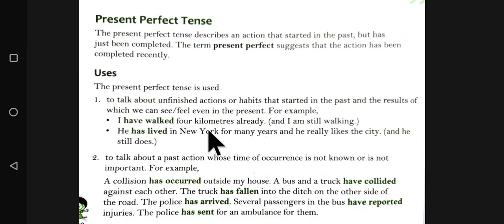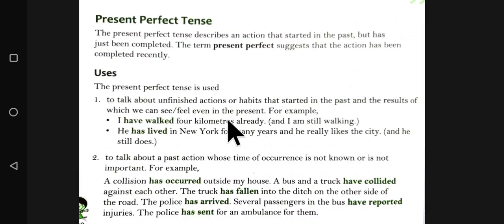Okay, and the effect can still be felt because he or she is still walking. Is it clear? So the first use is that present perfect tense is used to talk about unfinished action. Okay, so in the example you can see this action of walking is unfinished because this person is still walking.